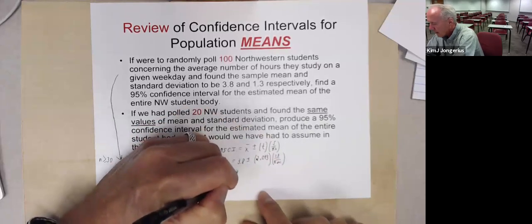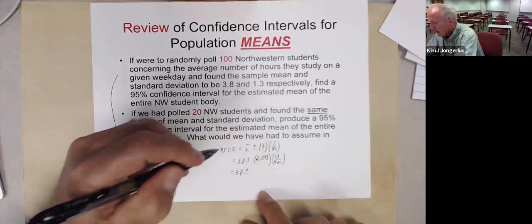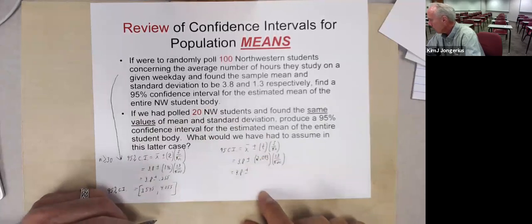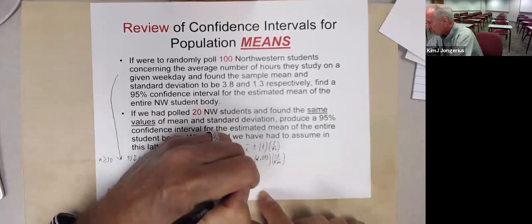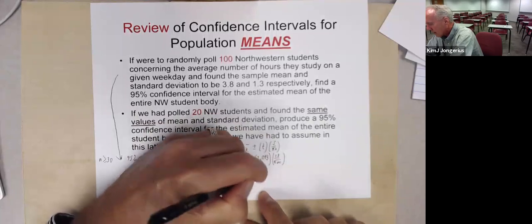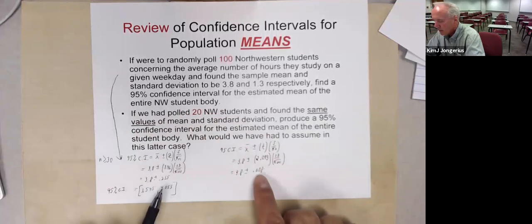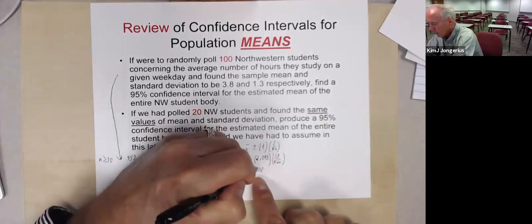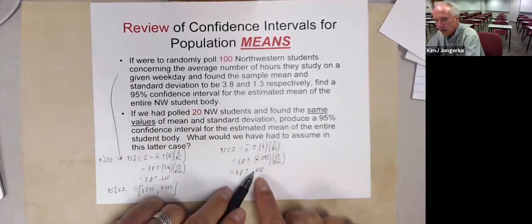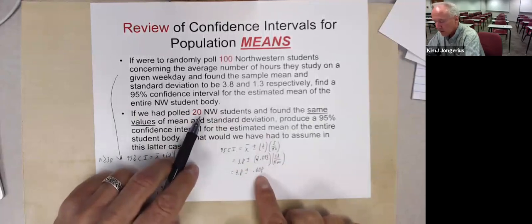When we multiply that out, we get 3.8 plus or minus, in this case, 0.608. Notice that that number is different than the 0.255. This is going to be a larger number because of the smaller sample.